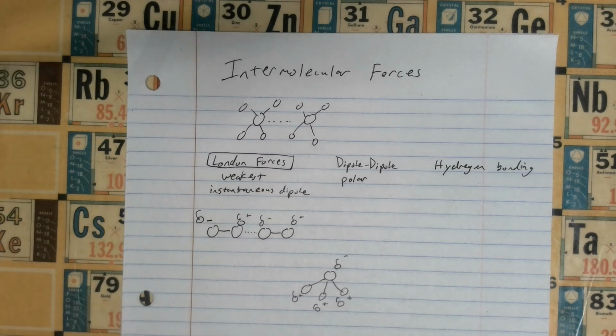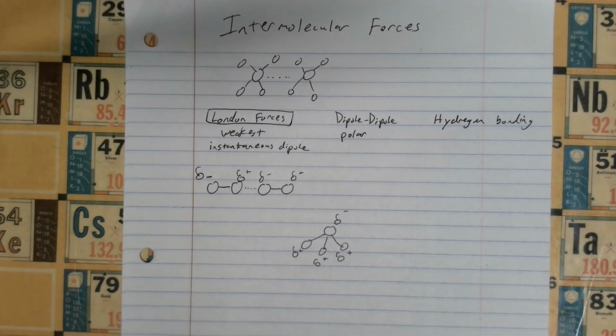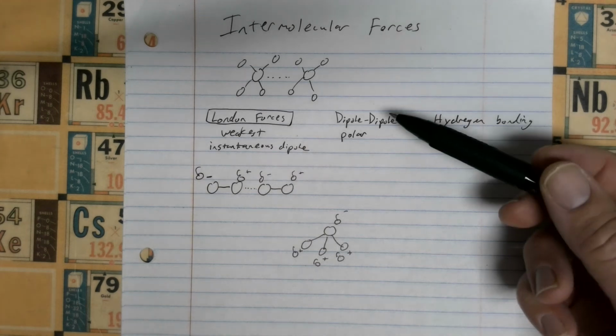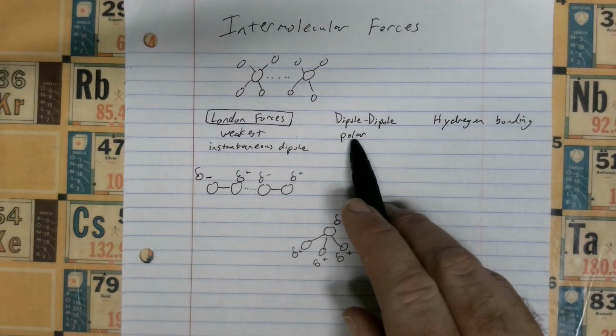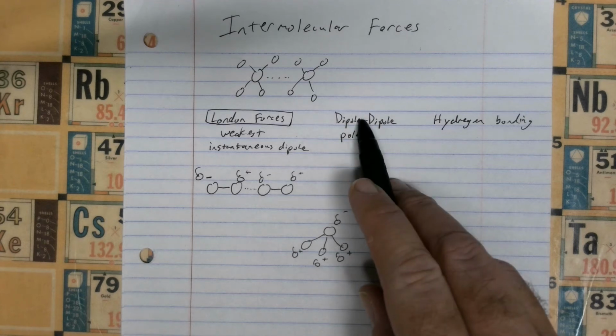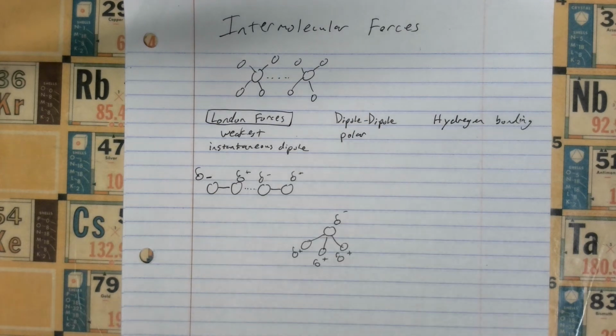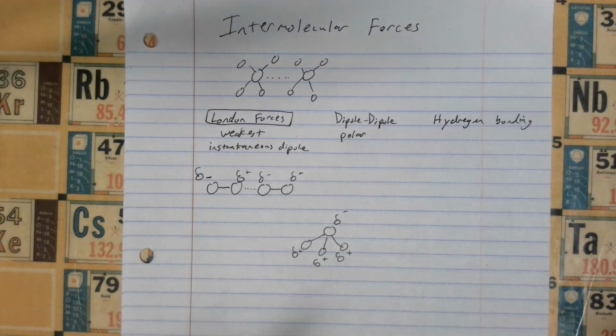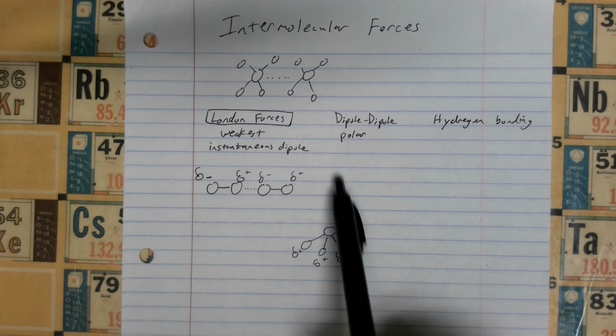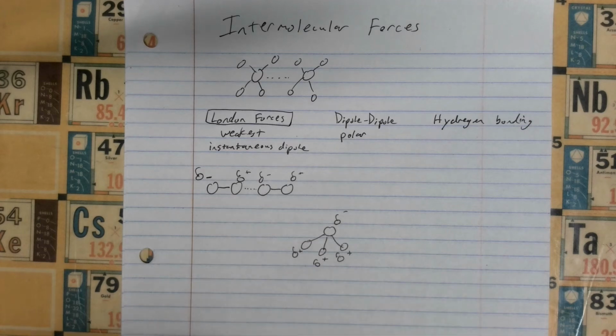That attraction is considered dipole forces. A polar molecule would have dipole forces and London forces, and the stronger would be dipole. So if a question asks what is the strongest intermolecular force a particular molecule has, and it's polar, it would be dipole.